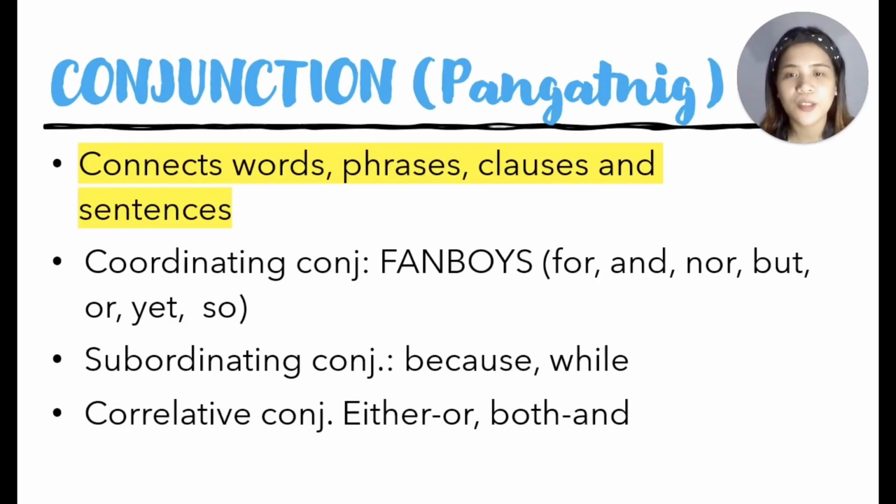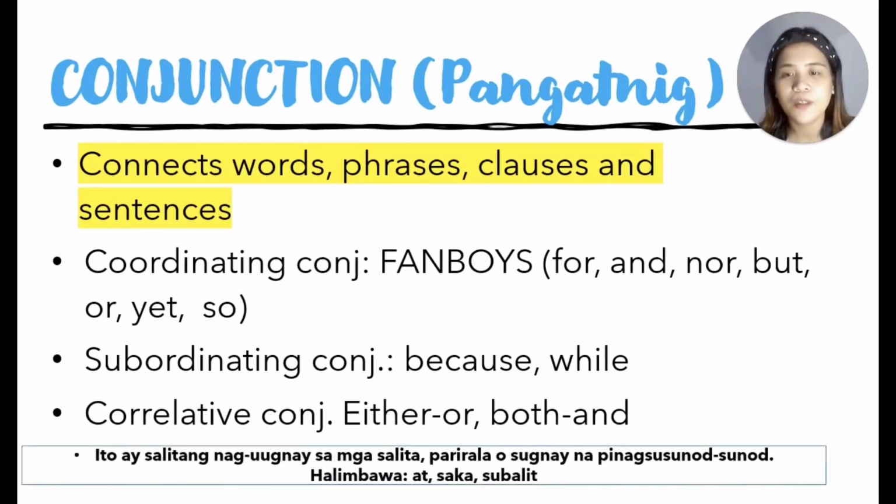For examples of subordinating conjunctions, we have because and while. For correlative conjunctions, these are partners. So we have either, or, both, and. Sa Filipino, ang conjunction ay nag-uugnay sa mga salita, parirala o sugnay na pinagsusunod-sunod. Halimbawa, at, saka, subalit.